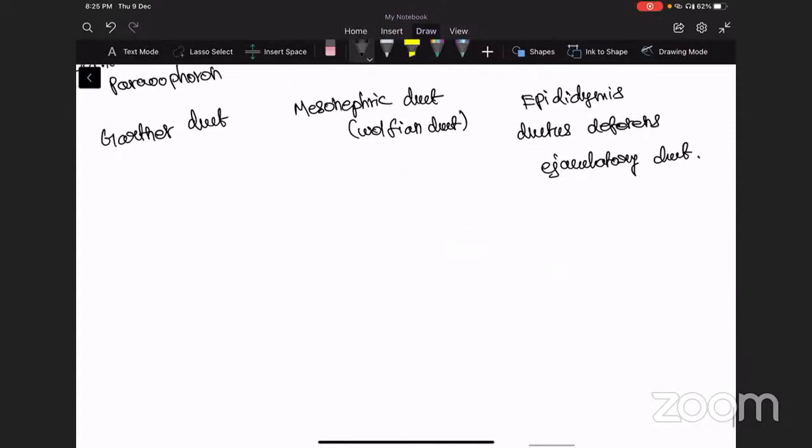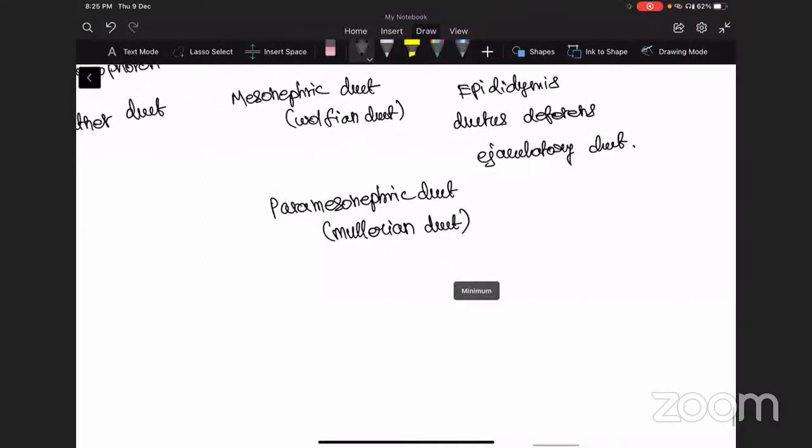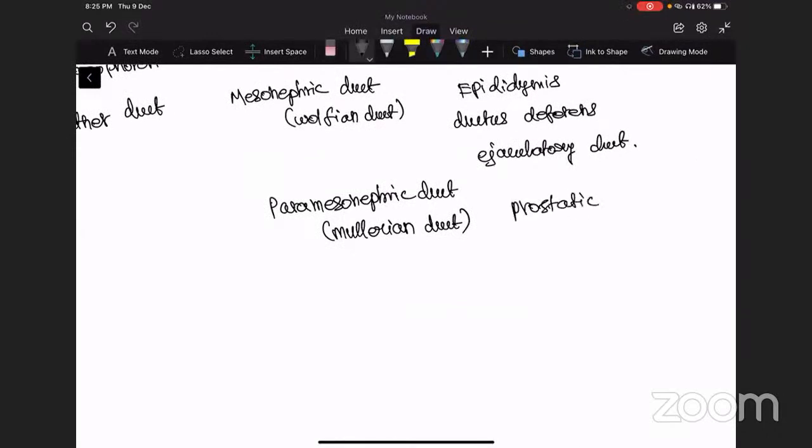And the last one, the paramesonephric duct or the Mullerian duct, gives rise to the prostatic utricle and the appendix of testis.